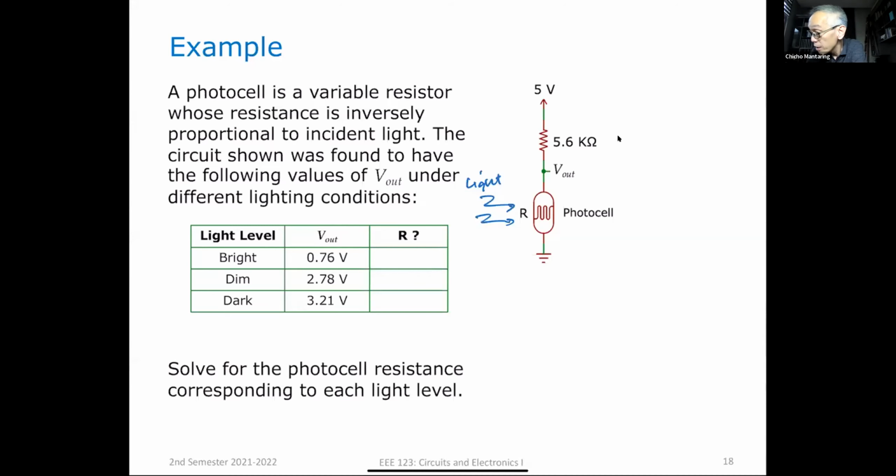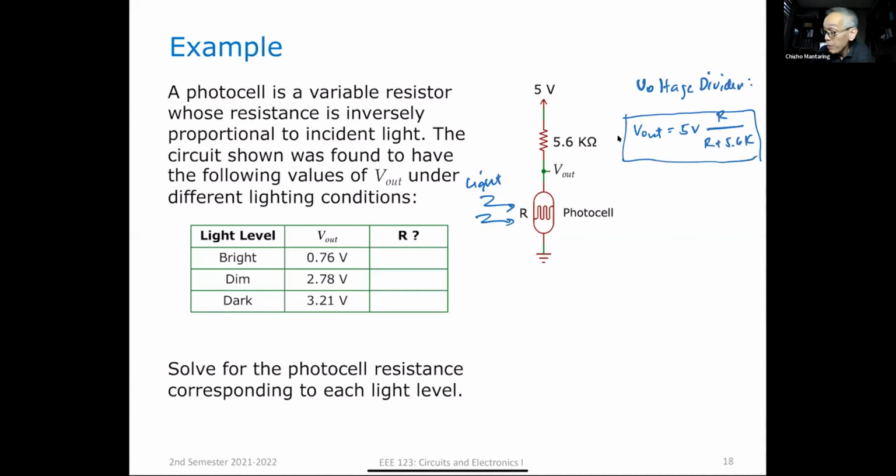By voltage divider, we say that V out is equal to 5 volts multiplied by R, where R is the resistance of your photocell, divided by R plus 5.6K. This is by voltage divider. Remember that this 5 volts, when you see this symbol, means that there's 5 volts here with respect to your reference.